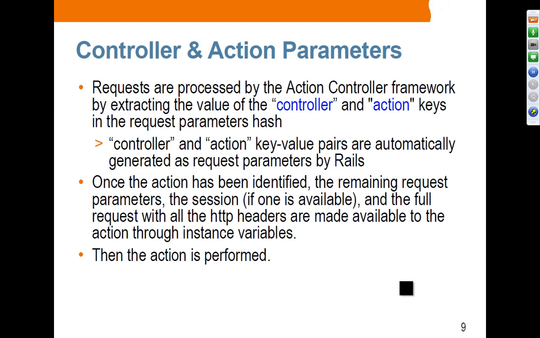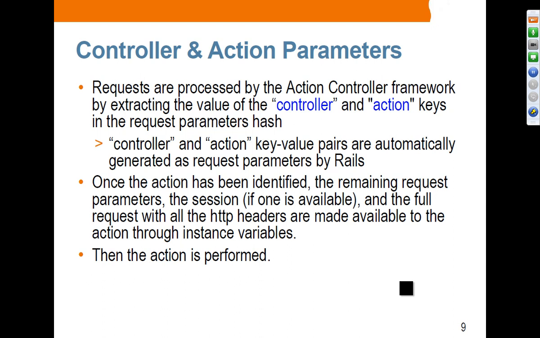So requests are processed by the controller framework by extracting the values of the controller and action keys in the request parameters hash. So whenever a user sends a request to the server, meaning your application, there are two request parameters that are automatically constructed. That is controller and action.